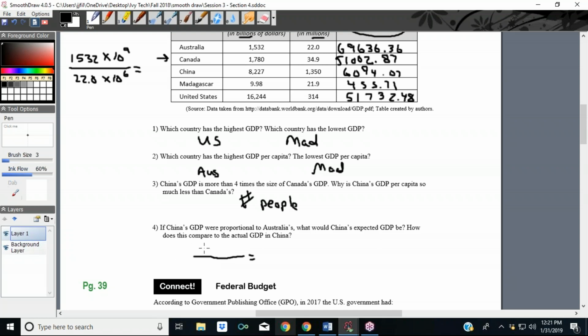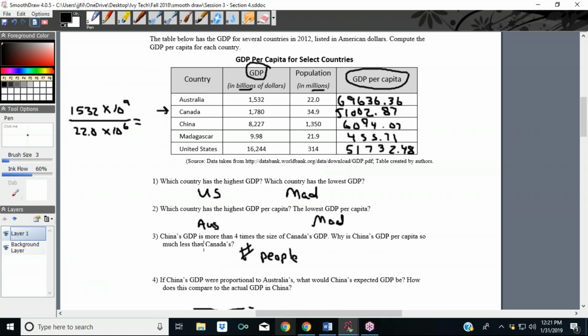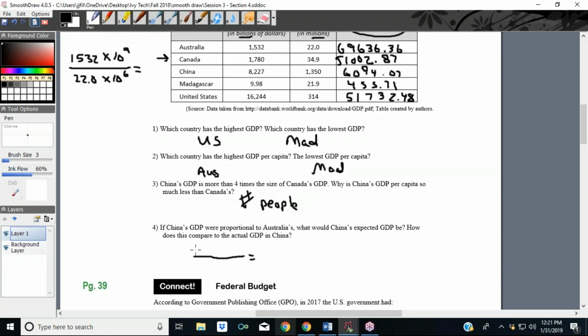The GDP for Australia is 1532 billion, and the population is 22 million. And for China, we are trying to find what the GDP would be if it were proportional, and we know China's population is 1350 million.